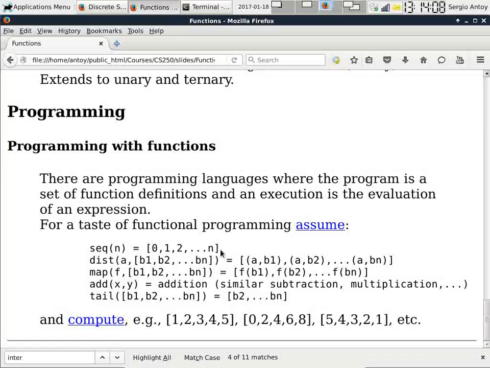The next function, dist, takes an element, which can be anything you want, and a list of elements, which can be anything you want, and we give you a list of pairs, where the first is A, always A, and the second is the element of the list. So, let me make an example.